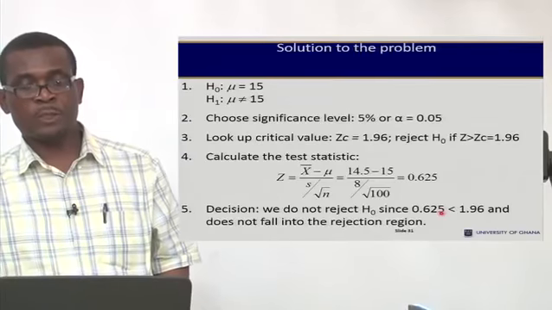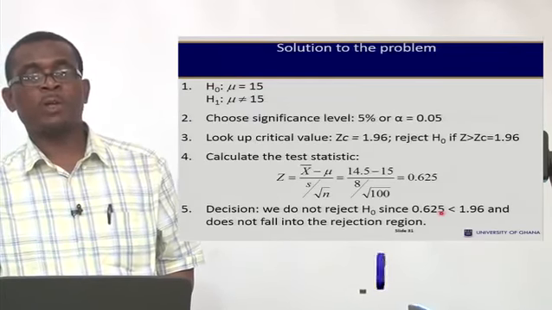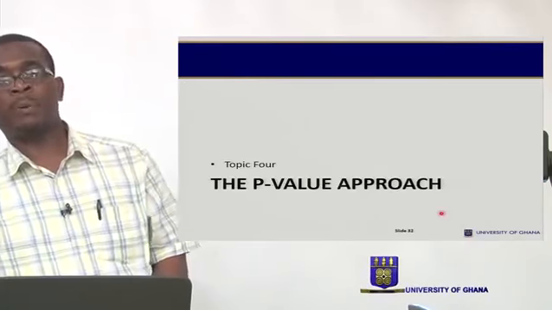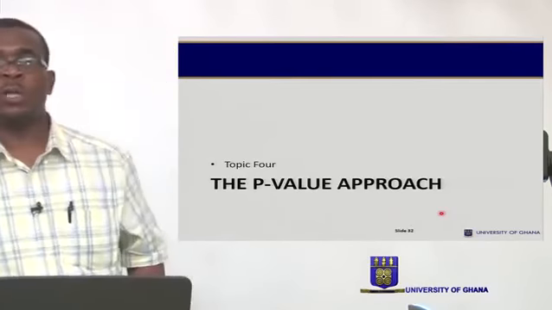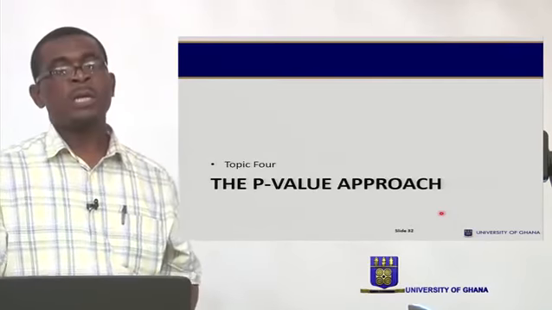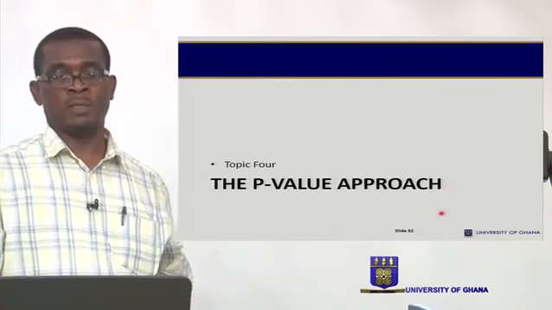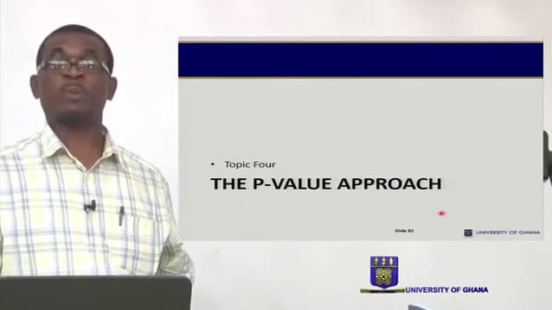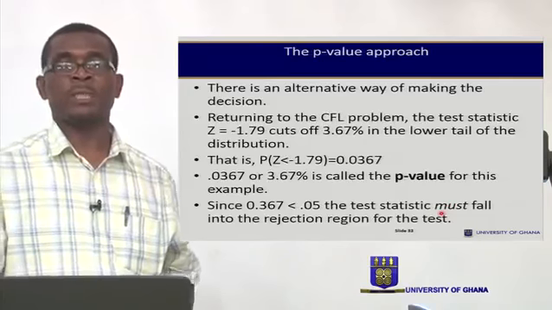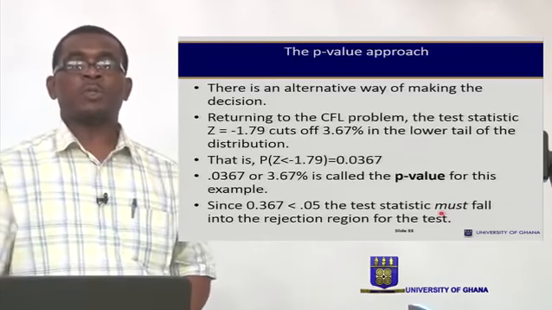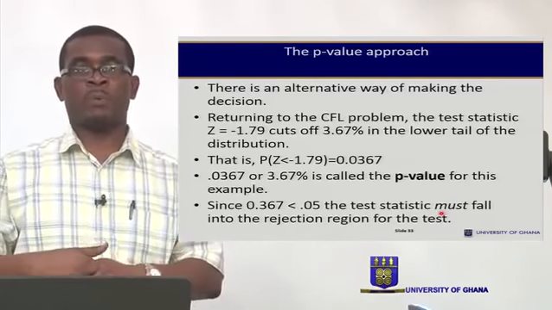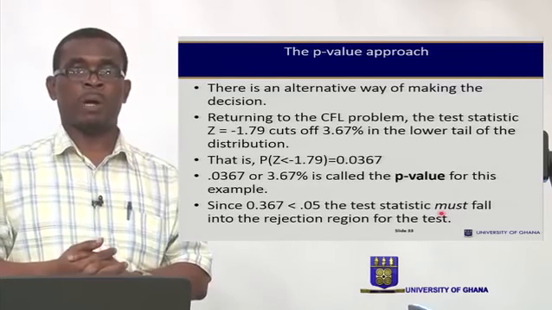Now, another way to determine whether or not to reject the null hypothesis is to use what we call the p-value approach. The p stands for probability, so p-value means probability value, right? Let's return to our earlier example of the CFL bulbs.